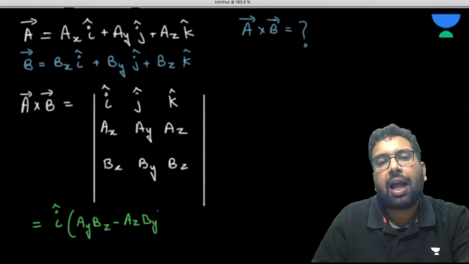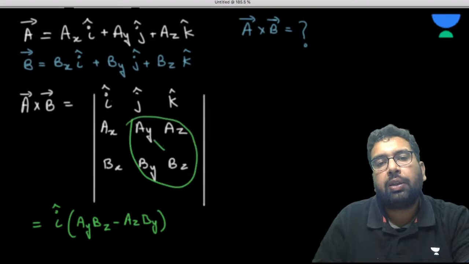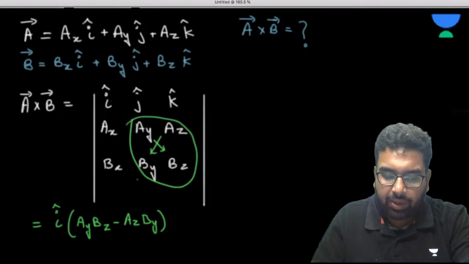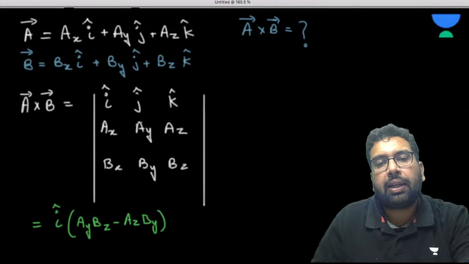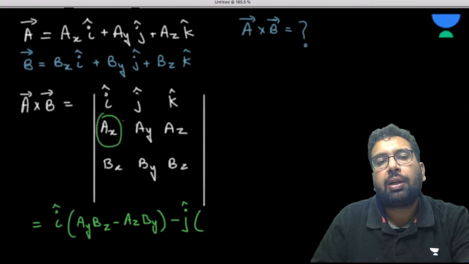When I'm writing I, I'm just considering these four. This one is positive, this one is negative. Very easy pattern. The first is plus, the second is minus, so we'll write minus J cap. Now for the minus J cap, I am considering these four.